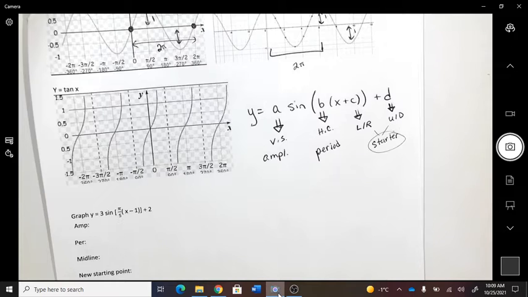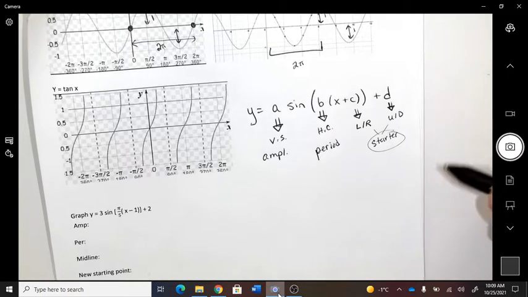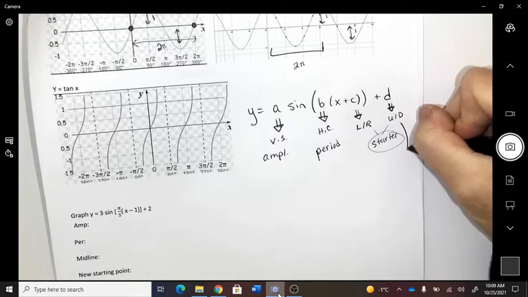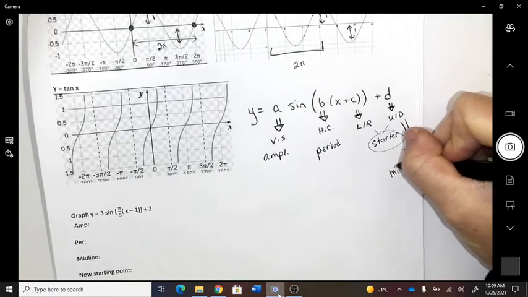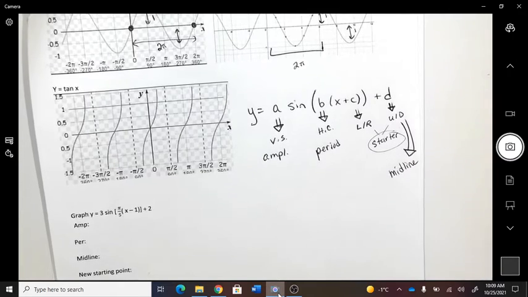Because it moved. And also for the D, we're going to dial in on where our midline is. That's really going to change where our middle is. It's changing everything else, but we'll dial in on where the middle is. Okay, so that's the info that we're trying to look up.